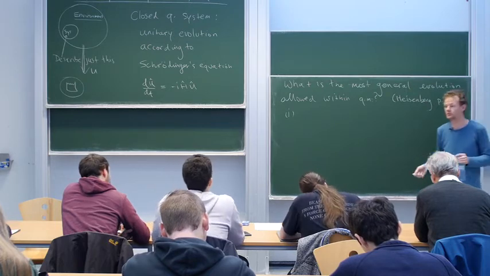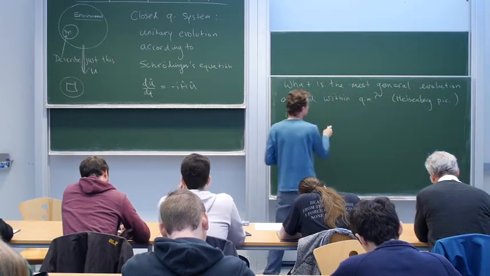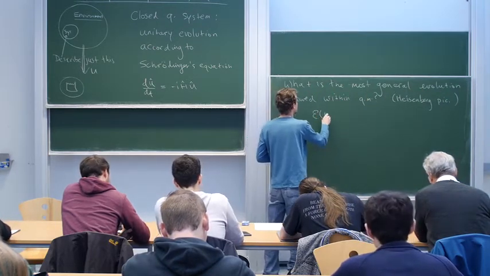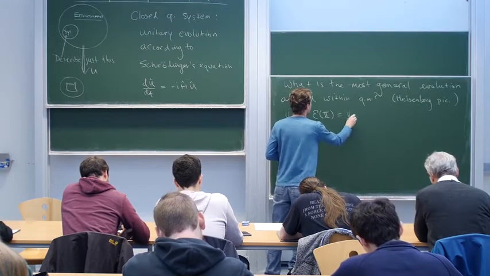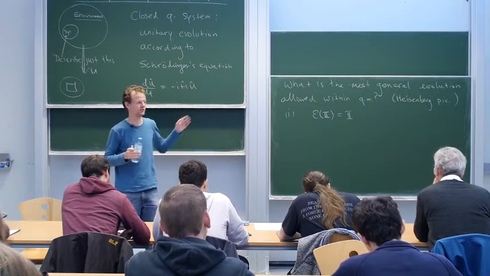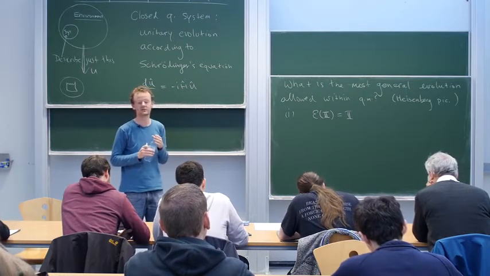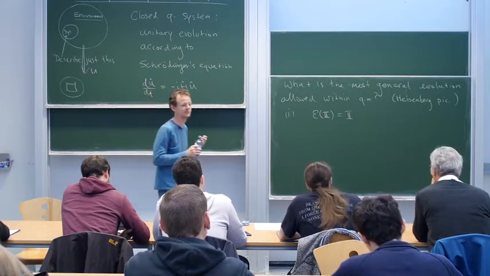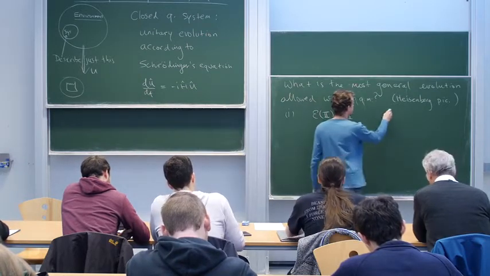You can adapt all of this to the Schrödinger picture, but it's a little bit easier to do it in the Heisenberg picture. So the first thing that any putative evolution of a quantum mechanical system has to satisfy is this. And this just simply says that probability is conserved.